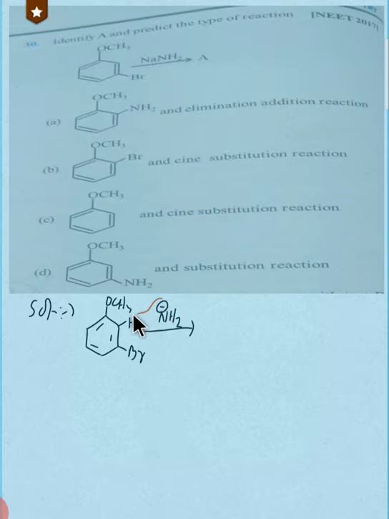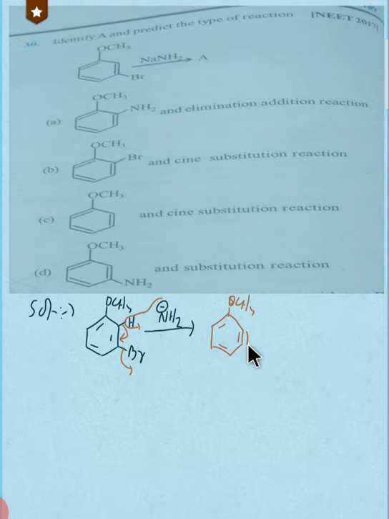It abstracts this hydrogen, and these two electrons will form a bond here, and the Br will go out. So we will get a special type of intermediate here. This will be OCH3. This is called the benzyne intermediate.